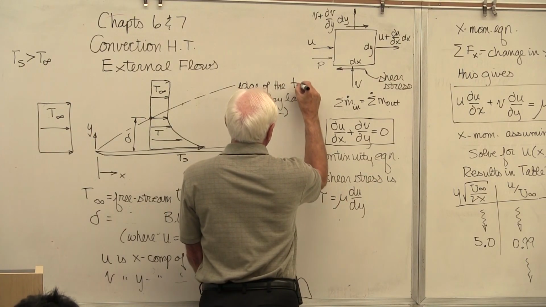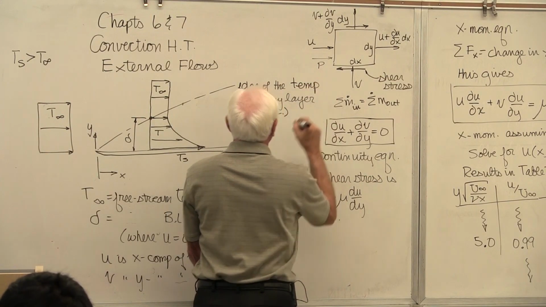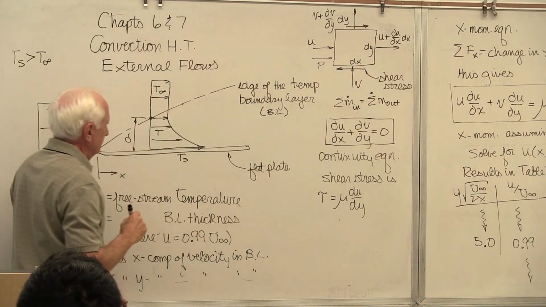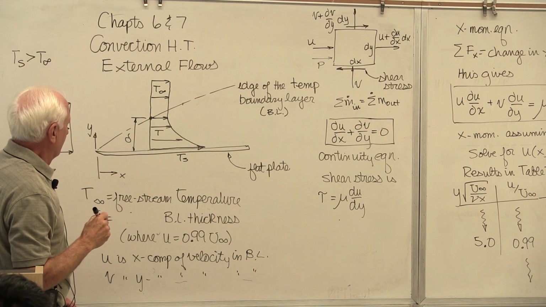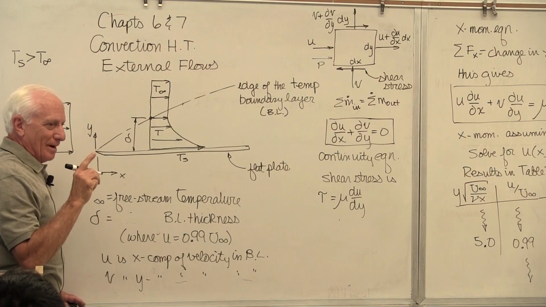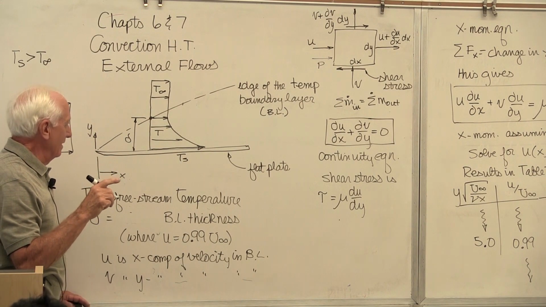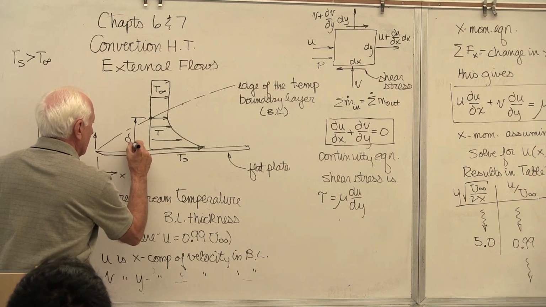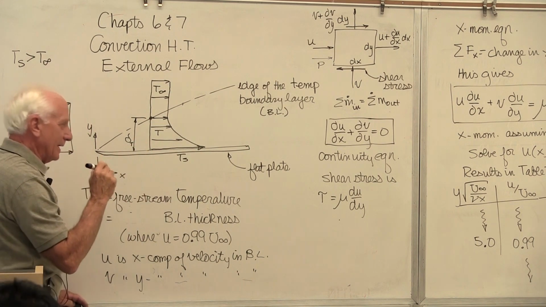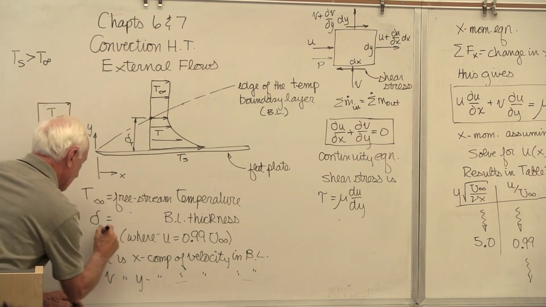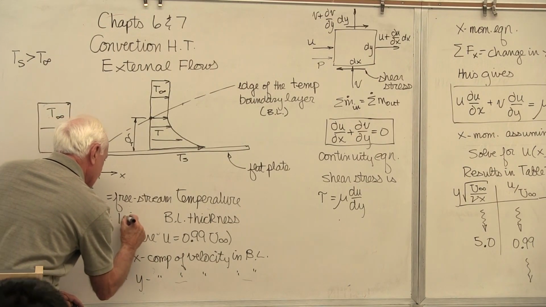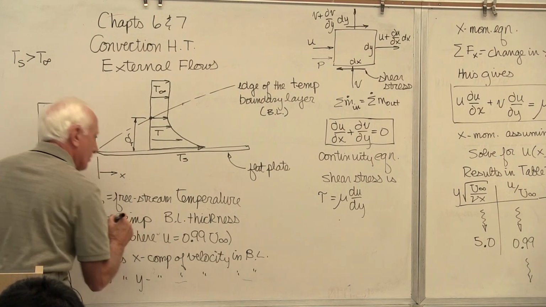We'll call it the temperature boundary layer. So now, the boundary layer thickness is still defined by 99%, but now we call it delta T. The T stands for temperature. So delta T is the temperature boundary layer thickness now.